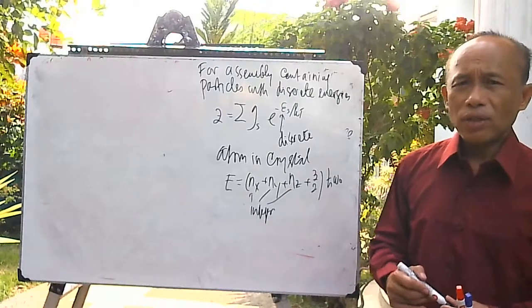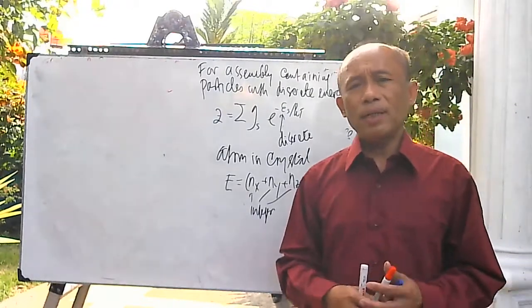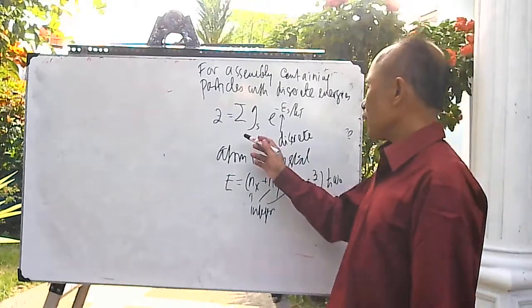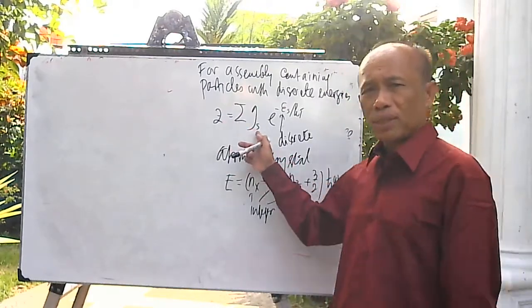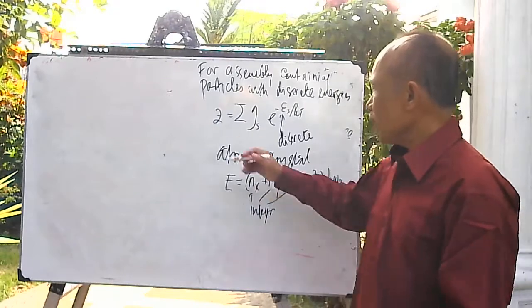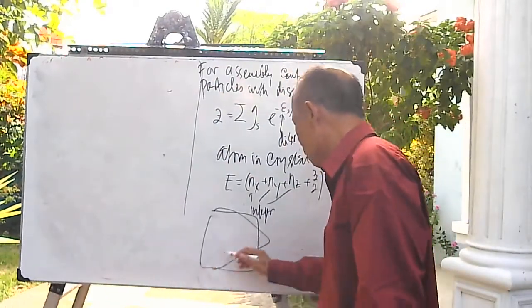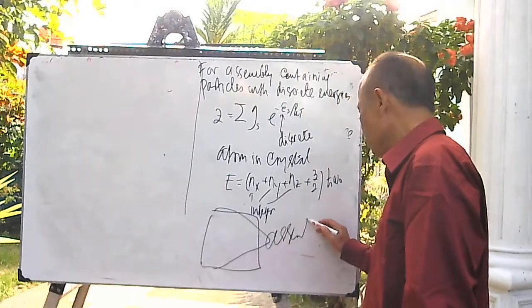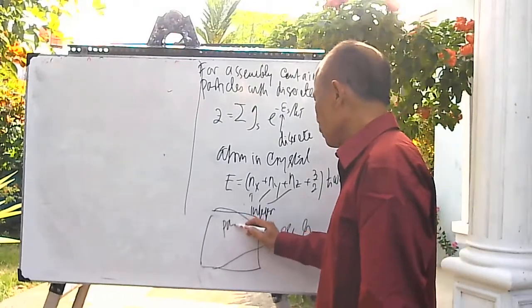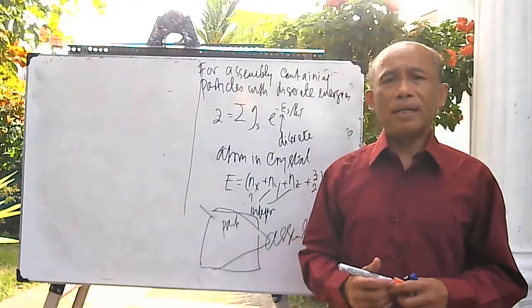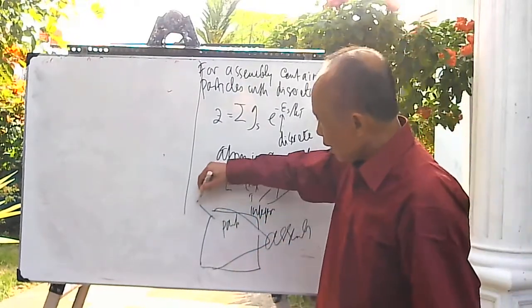So for the case of energy that depends on integers, we determine the partition function using this summation. But what happens when the particles inside the assembly do not have a discrete energy, but the energy is continuum?